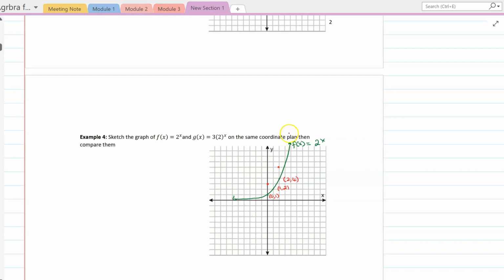And again, we don't want it to cross the x-axis. So here g of x equals 3 times 2 to the x. So g of x has a vertical stretch by a factor of 3.